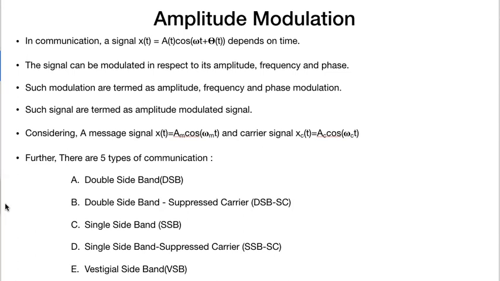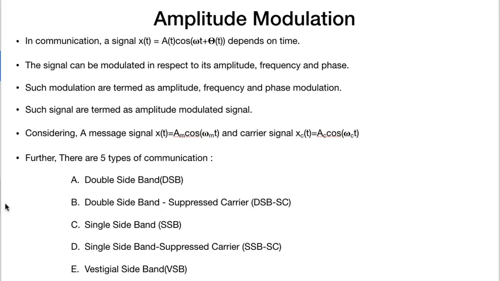The signal can be modulated with respect to its amplitude, frequency, and phase. Such modulations are termed amplitude modulation, frequency modulation, and phase modulation, accordingly, whichever is being modulated.